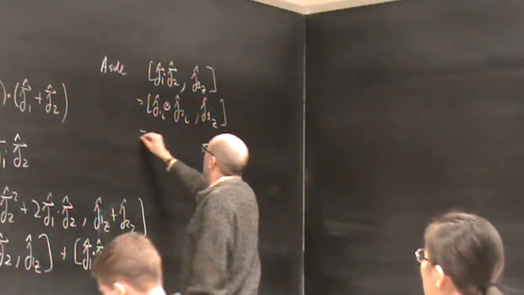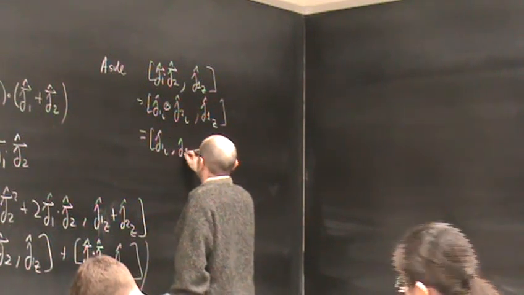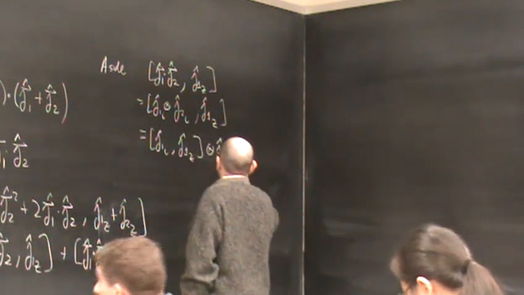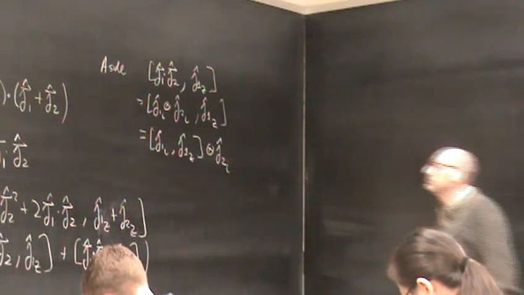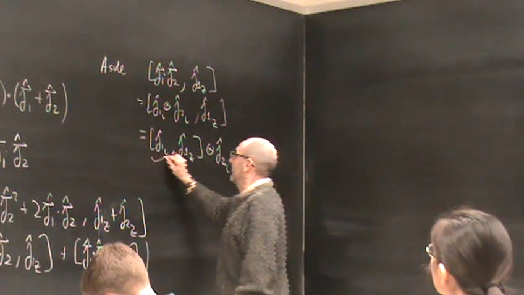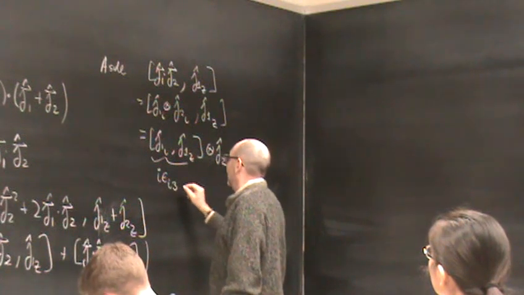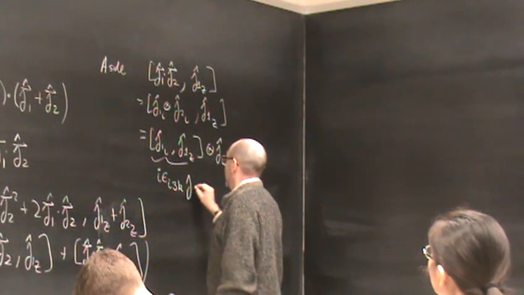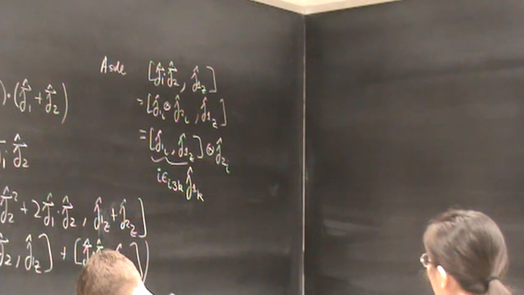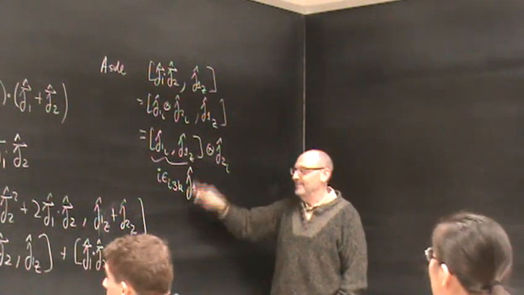Again, the one stuff commutes with the two stuff, so I could take that outside the commutator. And then this is i epsilon i3k J1 sub k, because the jth index is z, so I replace that with 3.